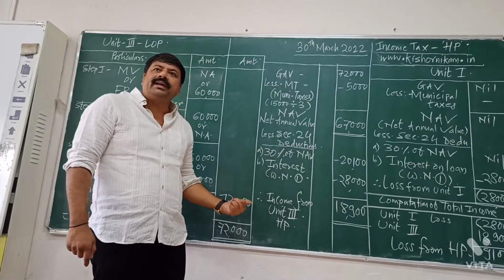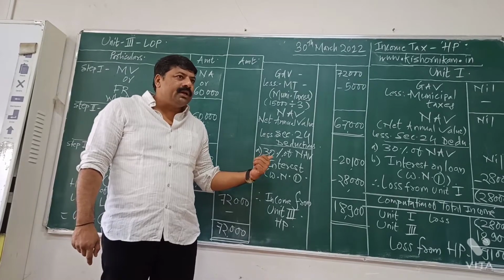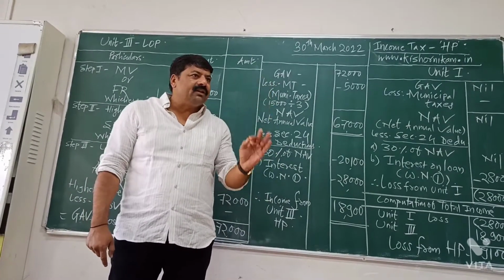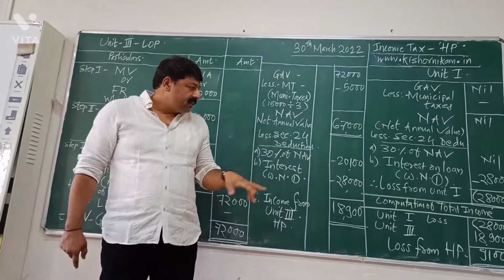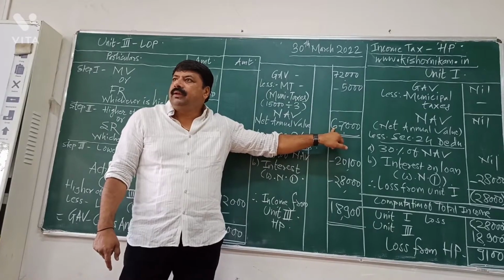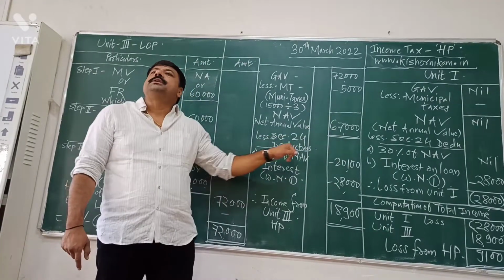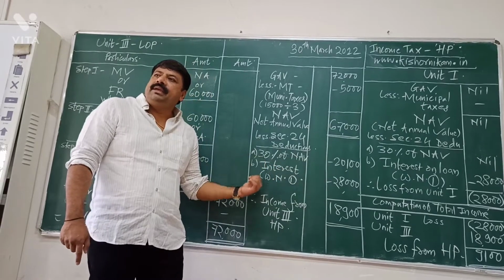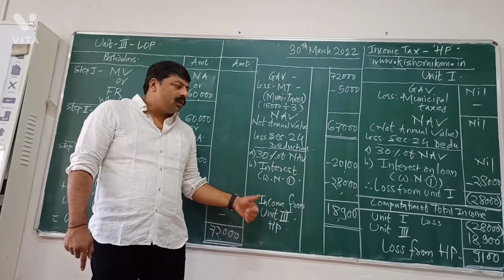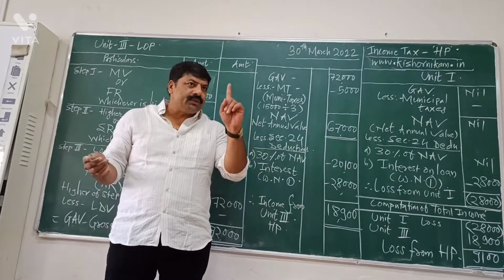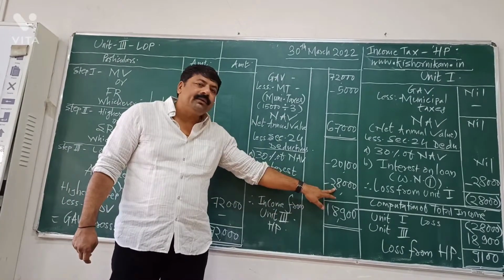As per the format, 2 deductions are there under section 24. A is the standard deduction, 30% of net annual value. The net annual value is 67,000. So 30% of 67,000 is 20,100. Point B, interest on loan. I have written working note number 1. Already we have done it in the first working note. So it is 28,000.